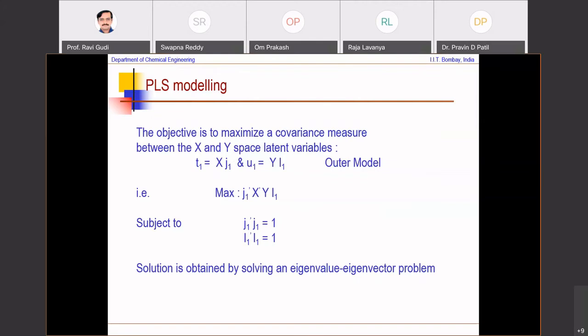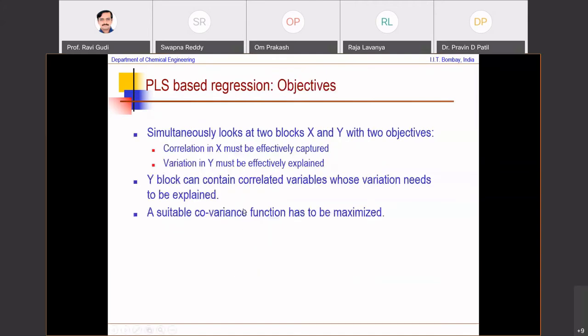Okay. Then let me treat this as an optimization problem. Let me back up a little bit. Now we have X, we have Y. Let me first talk only about X. What does PCA do?